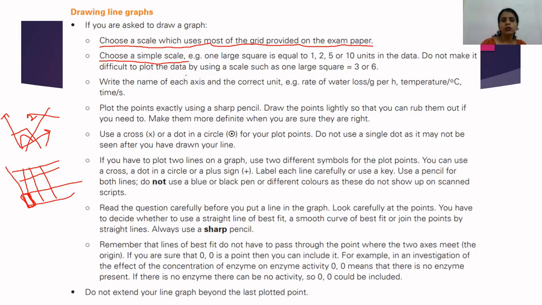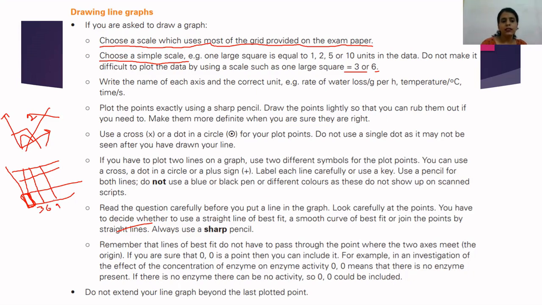Do not make it difficult to plot data by using a scale such as one large square is 3 or 6. Why I'm saying this is because it is difficult to divide 3. For example, if you take it as 3, and this is your 6, then this is your 9, and they're asking you to plot 7.